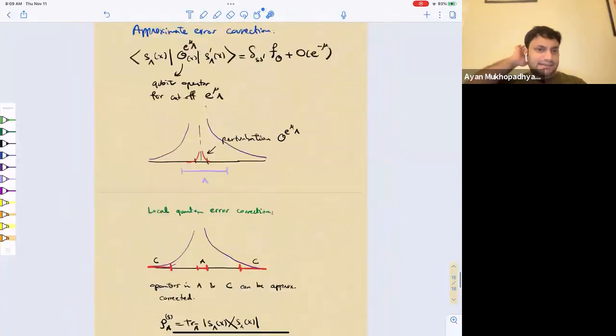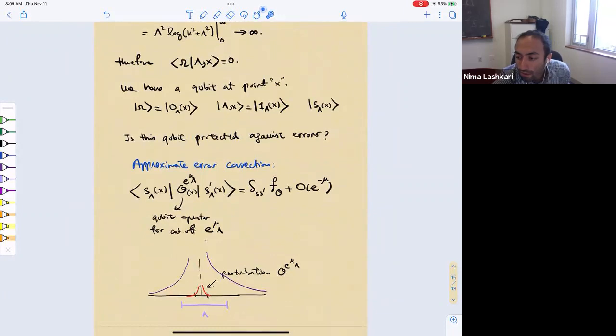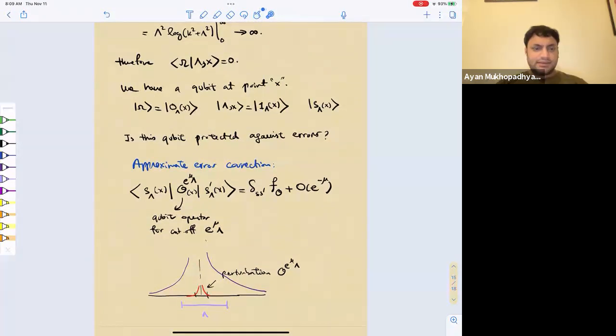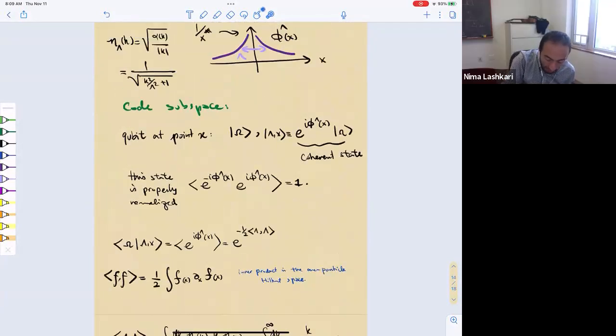Sorry, what is this S labeling? Oh yeah, S is like a qubit at the point X. The two states of it are the vacuum or a particle, a coherent state, at that point.